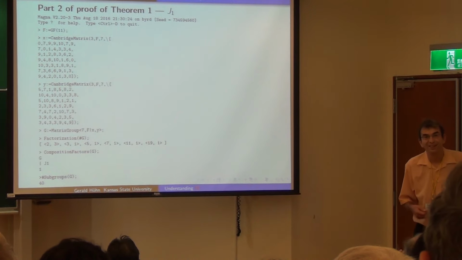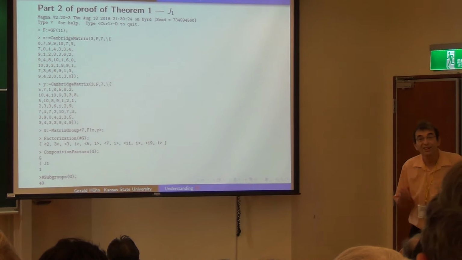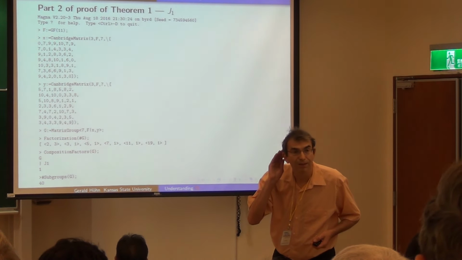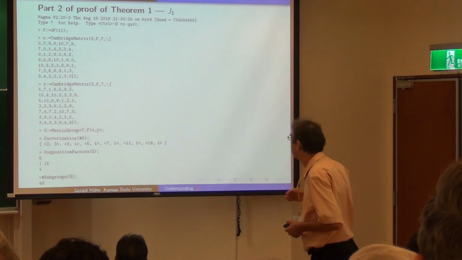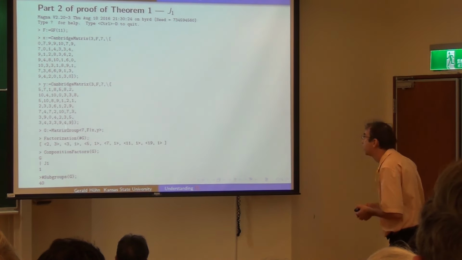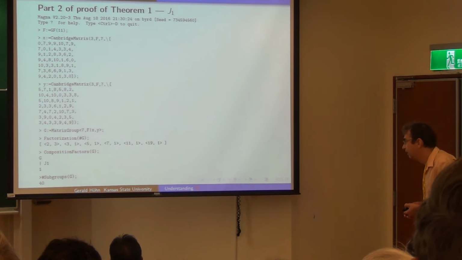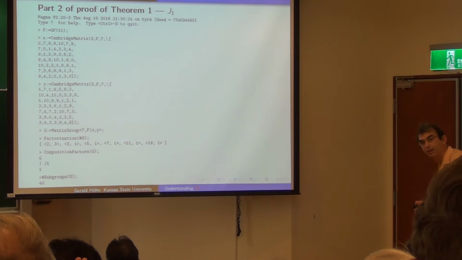So do those algorithms depend on the presentation? So do the algorithms of Magma depend on the presentation? No, what I think Magma is doing is it shows that this group is simple, and then of course it determines the composition factors computationally, and then to identify the group, it looks at the group order.